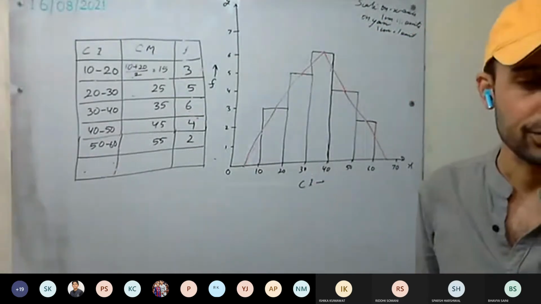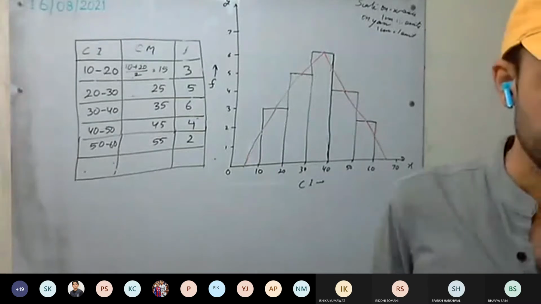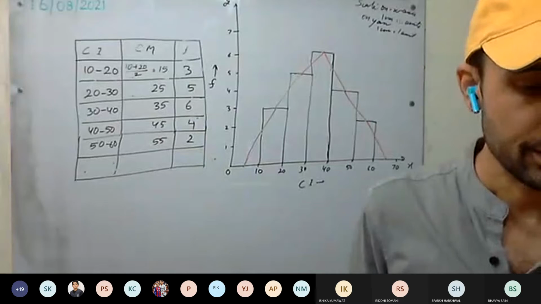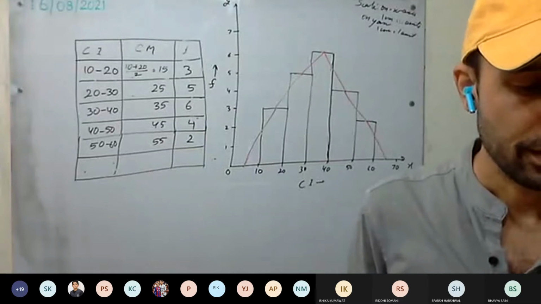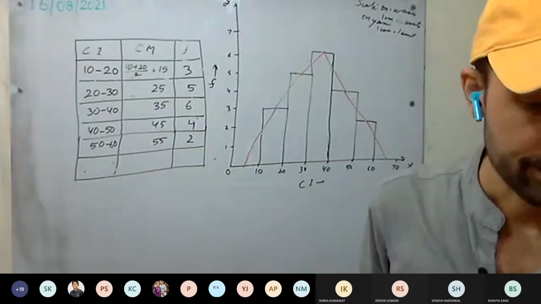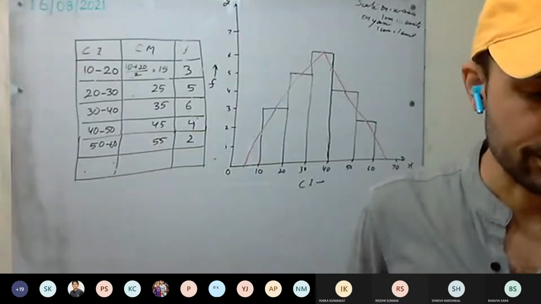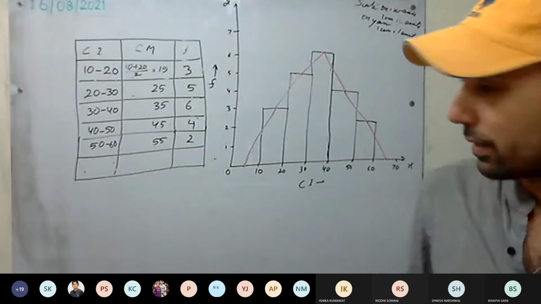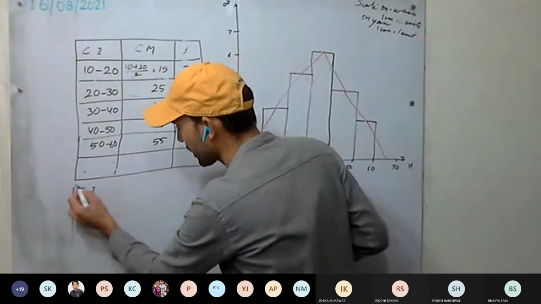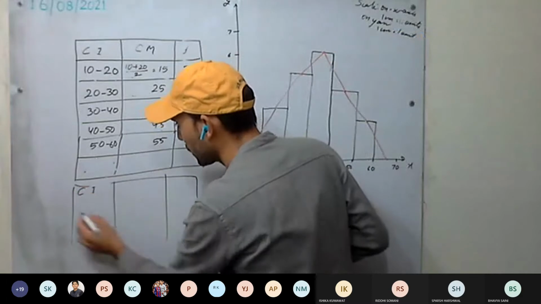Okay. Read the next question, the third one. Construct a frequency polygon for the following data. How are you going to do this one? It's not inclusive, it's not exclusive. The class intervals: I'm showing you for 2 classes.